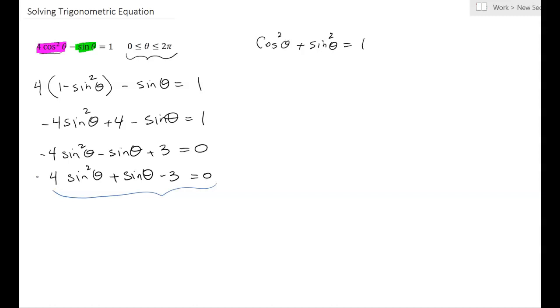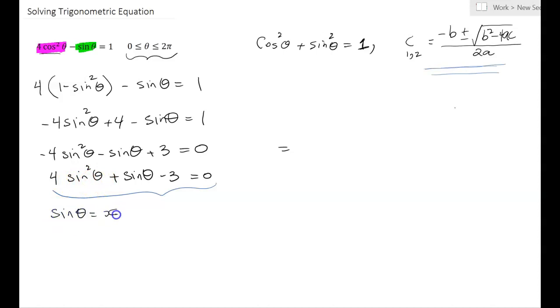Now we need to solve that, and we're going to use the quadratic formula. That's the fastest way to do it, unless you want to do factoring. Whichever you decide to do, that is totally fine. So now that we have this set up, we're going to replace sine theta with x, temporarily.